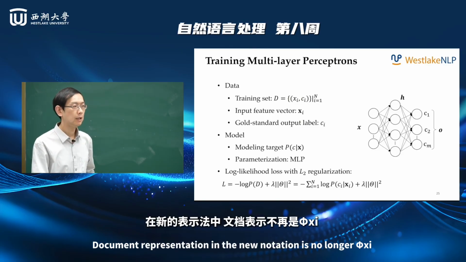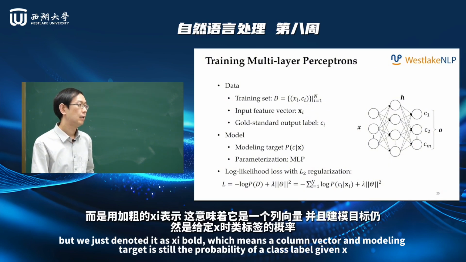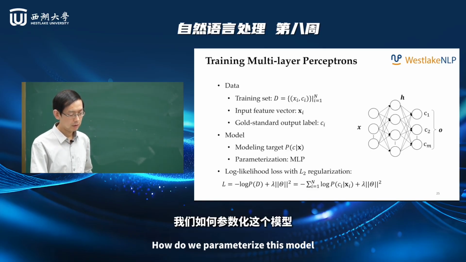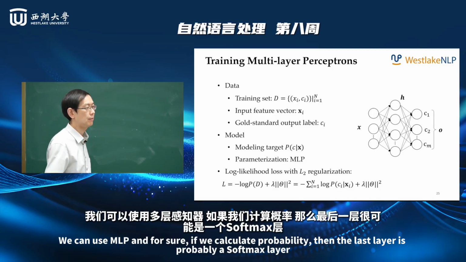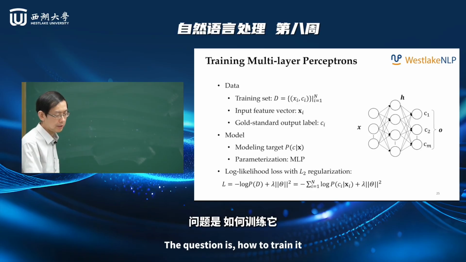In the new notation, it's no longer phi xi, but we just denote it as xi, bold, which means a column vector. And the modeling target is still the probability of a class label given X. How do we parameterize this model? We can use MLP. And for sure, if we calculate probability, then the last layer is probably a softmax layer. So this is the model. The question is how to train it.